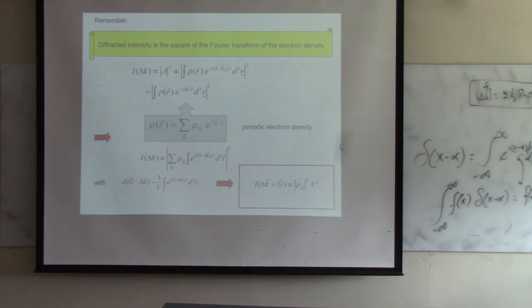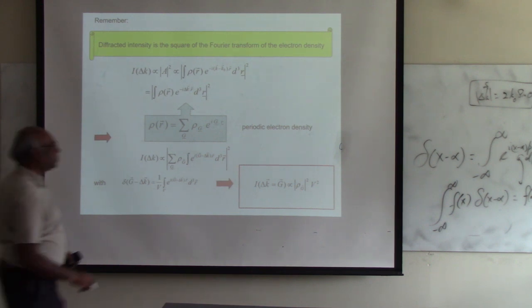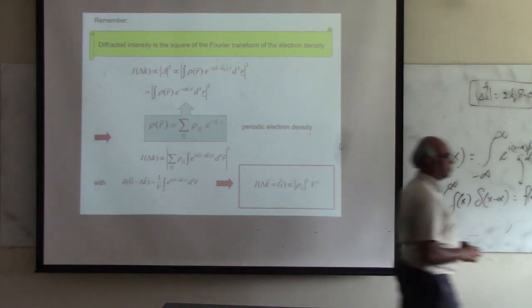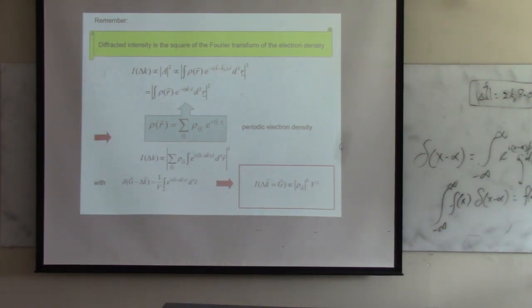What is rho G? Rho G is basically the integral of rho r e to the minus i G dot r. Please remember this one. Okay, that's all I want to show.